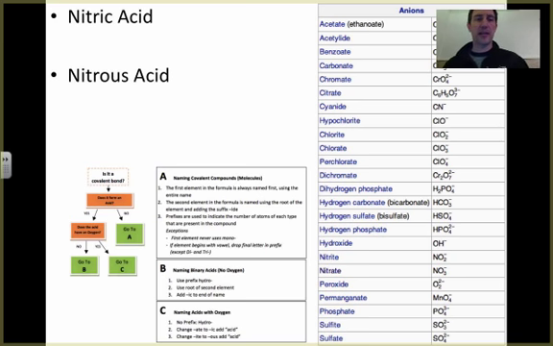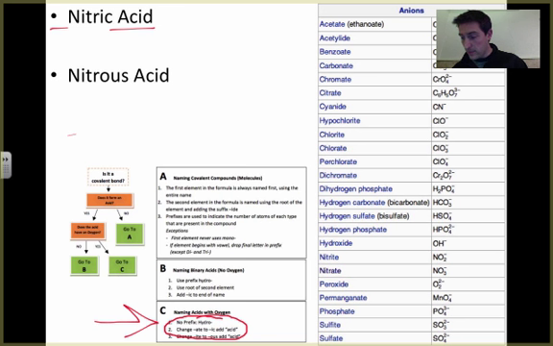Let's look at nitric acid and nitrous acid, working our way backwards to write out the formula. So we've got acid. We're definitely dealing with an acid, but we don't have hydro at the front, which means these are our rules that we need to use. We know it's an acid, and it ends in ic. So if we look really carefully at that part right there, it says that ic used to be ate because ate turned to ic.